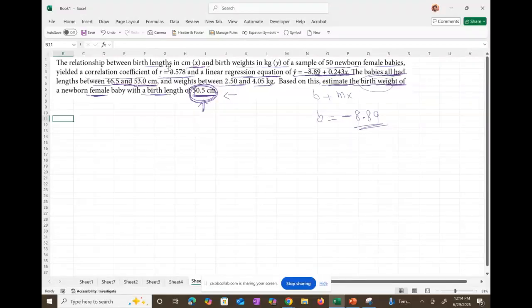Birth length is x, and the birth length given to me is 50.5 centimeters. So I'll write down the equation one more time.